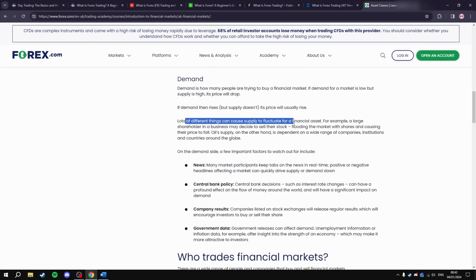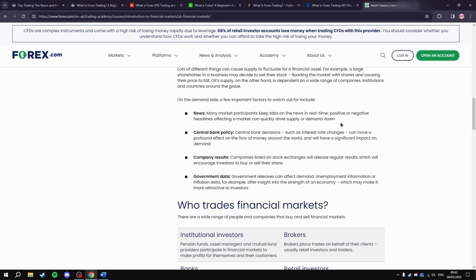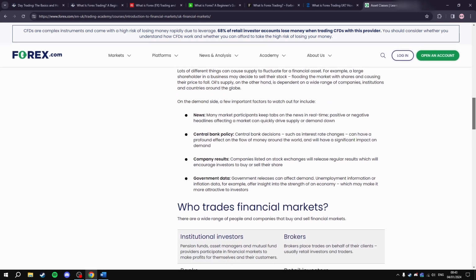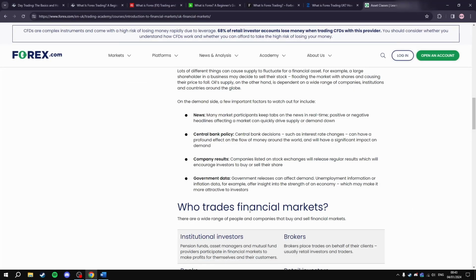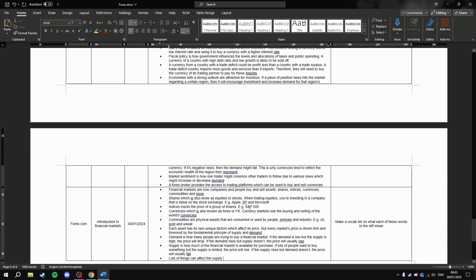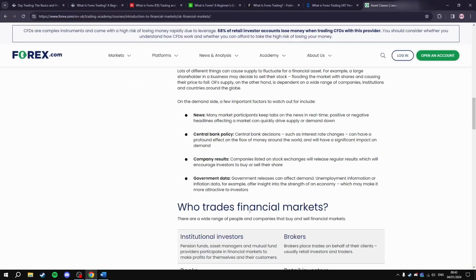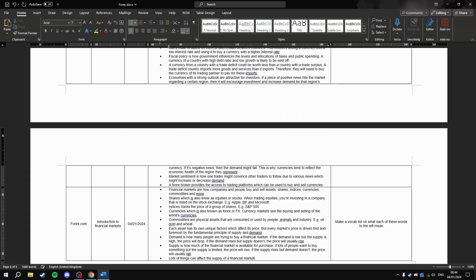Lots of things can affect the supply of a financial asset, not market.